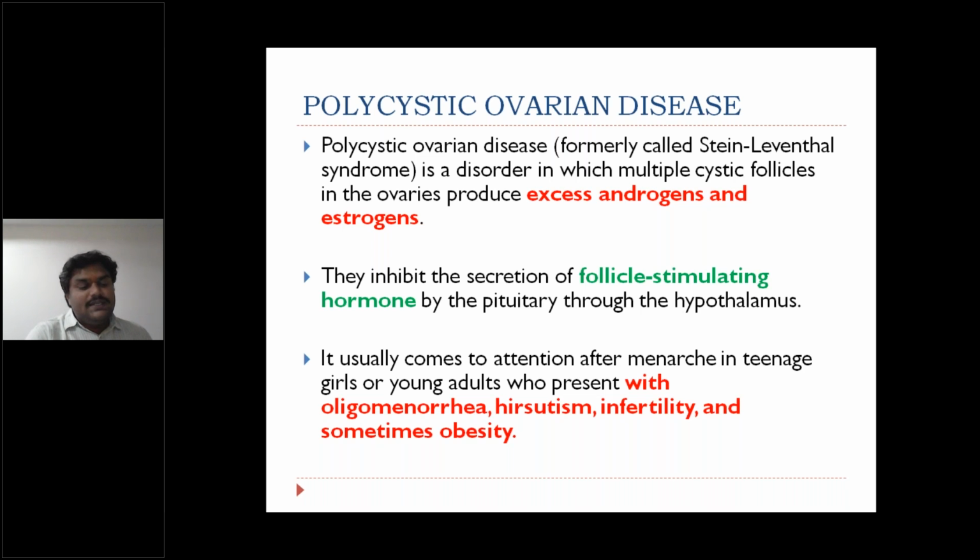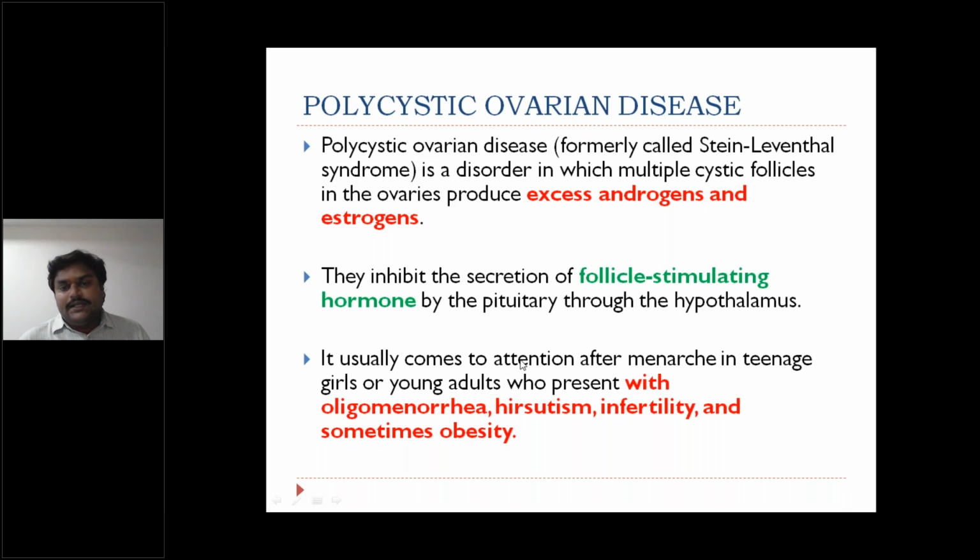Once it inhibits the follicle stimulating hormone, there will be no ovulation. This is called an anovulatory cycle. This is what we discussed before. Excess estrogen will cause anovulatory cycles, because of negative feedback to the pituitary. So the pituitary won't release FSH, through the hypothalamus. You all know this from endocrinology.